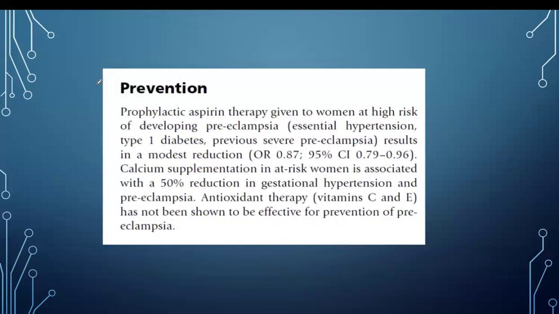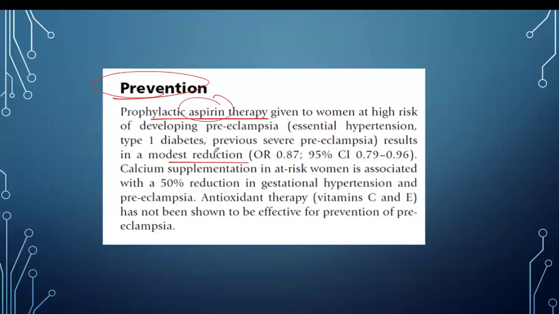So before we go into week by week management of preeclampsia, how can we prevent preeclampsia? The way to prevent preeclampsia is prophylactic aspirin given to women at high risk of developing preeclampsia, which results in a modest reduction.